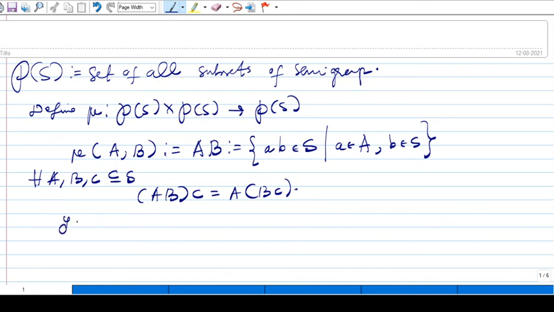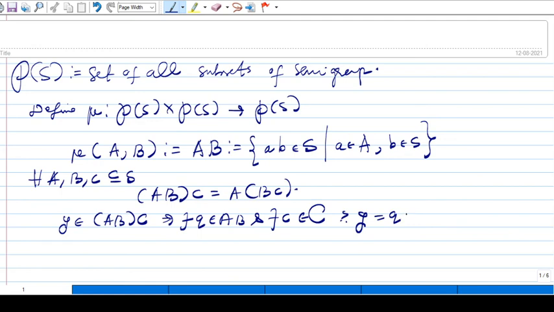Let y belong to (AB)C. This implies there exist q in AB and c in C such that y = qc.